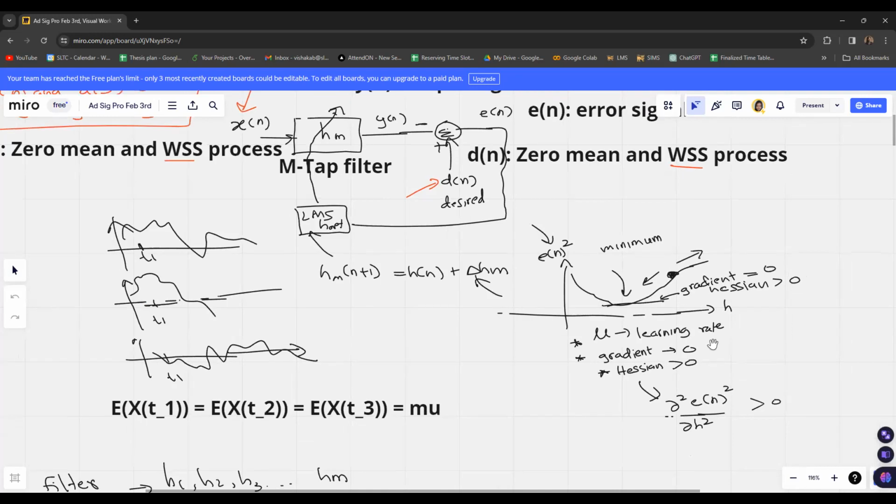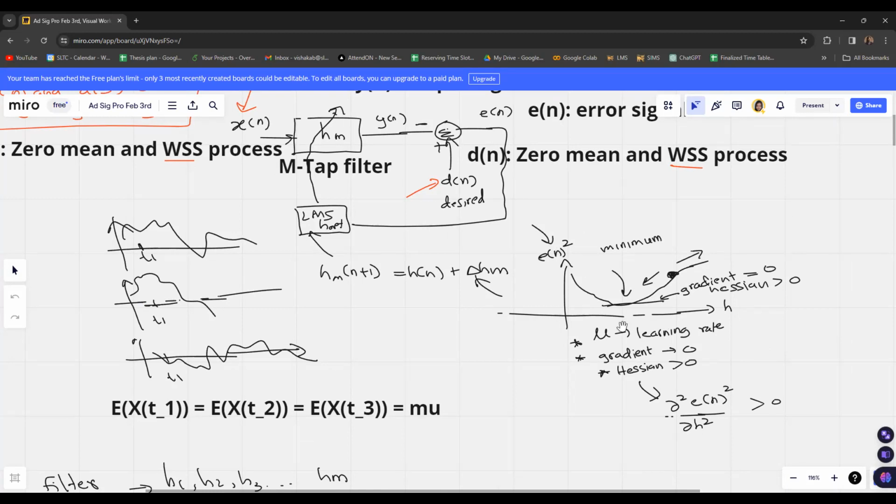We also need to make sure that this gradient minimum position is the global minimum position as well. So there are two targets: finding the minimum and making sure that minimum is the lowest minimum of the entire process. So we need to make sure that we find the global minimum.